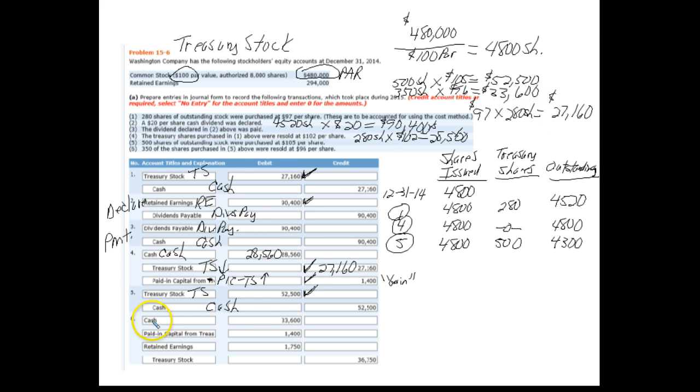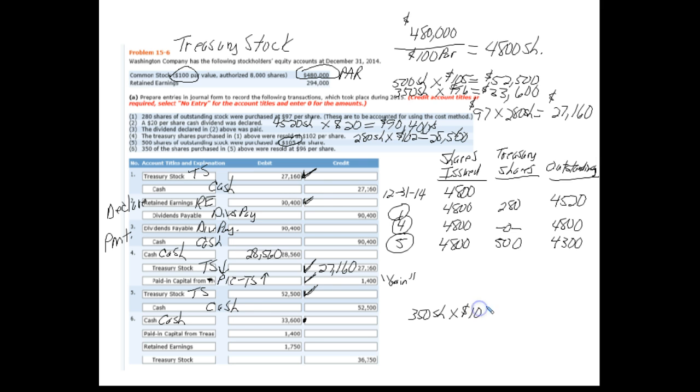$33,600. So cash is going to come in $33,600. Okay. So again, we're going to record cash coming in of $33,600. We also want to take out cost from the treasury stock account. So 350 shares, and we purchased those at $105 each.